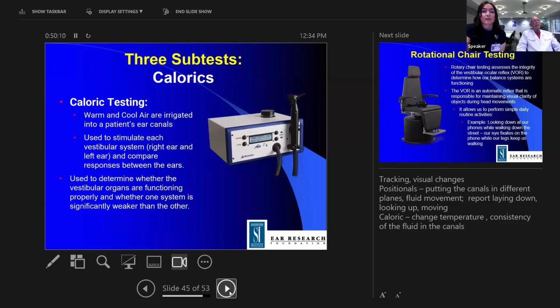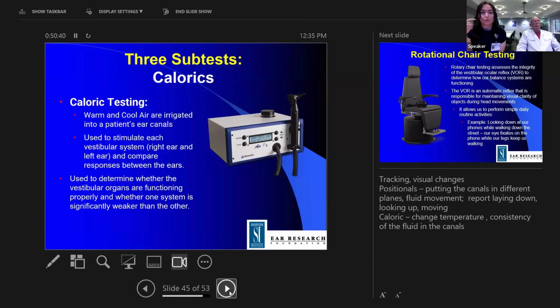And then in VNG testing, there are calorics, which are a very powerful tool to help us figure out which ear might be weaker than the other. We'll put warm and cool air into your ears one at a time, and we stimulate the system one at a time. Depending on the temperature, the air changes the fluid composition in your ear, which should make you feel like you're moving in one direction or the other.